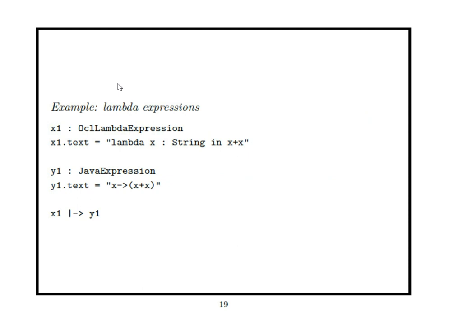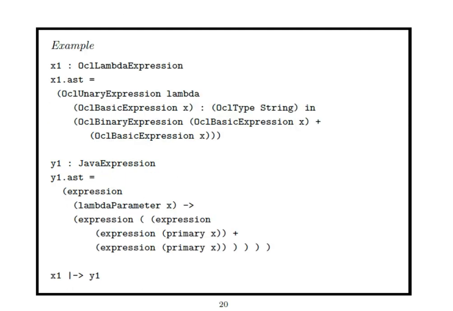Here's another example of identifying correspondences between lambda expressions in OCL. We might have text like this, lambda x type string in x plus x. In Java, that would be an expression like this, x arrow x plus x. And we could have several examples of that form. Corresponding trees look like that.